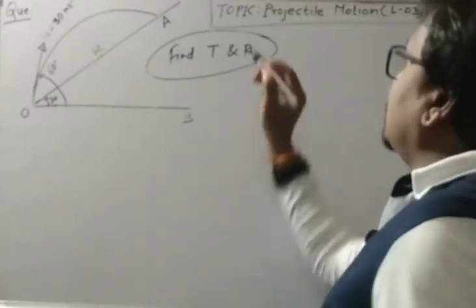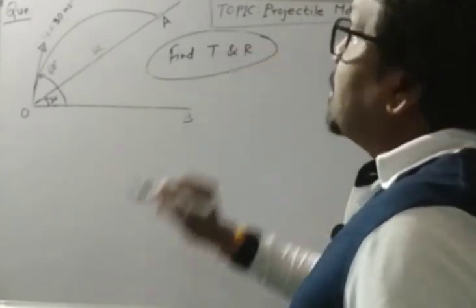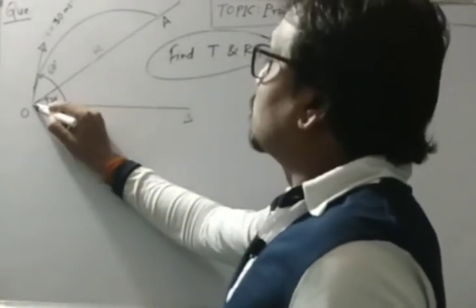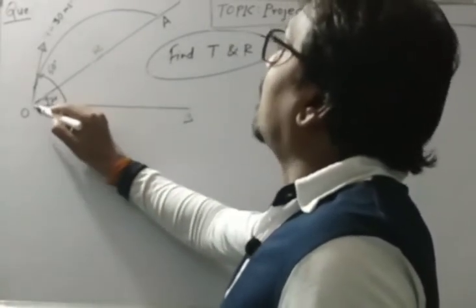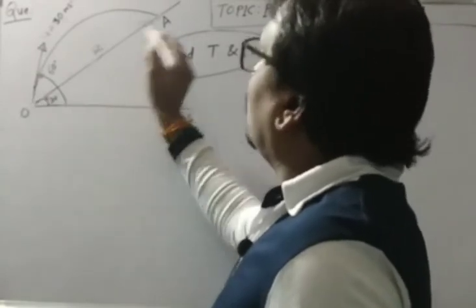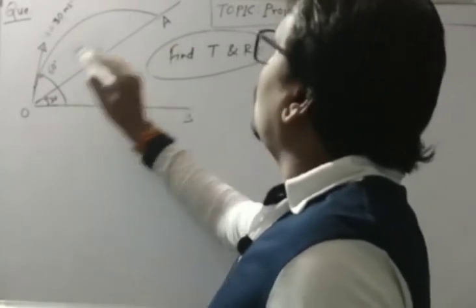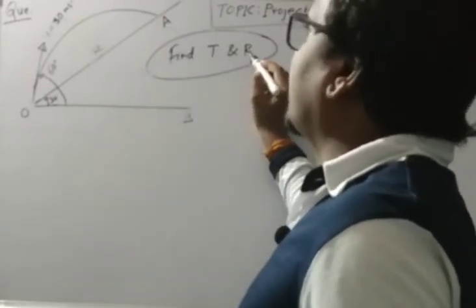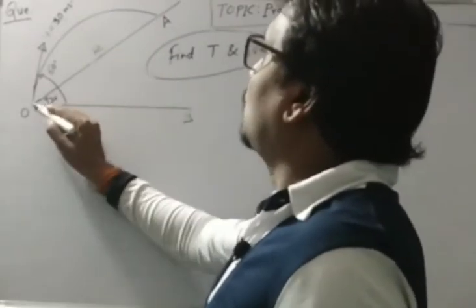You need to find T and R, where T is the time of flight, that is the time taken by the projectile to overcome the distance O to A, and R is the range, that is OA.